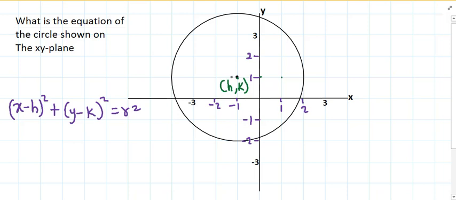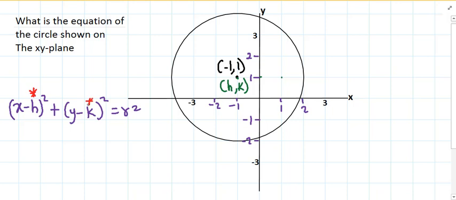So from what we've seen now, h is the x, which is -1, sorry for that. So h is -1, and then k is just +1.